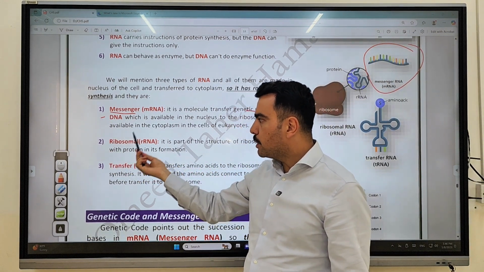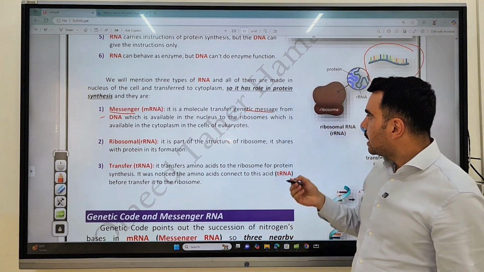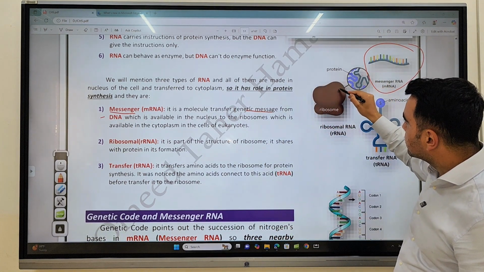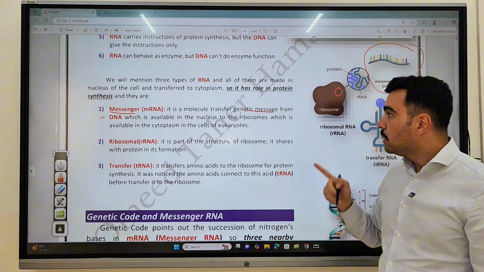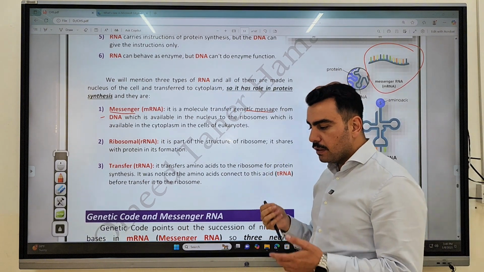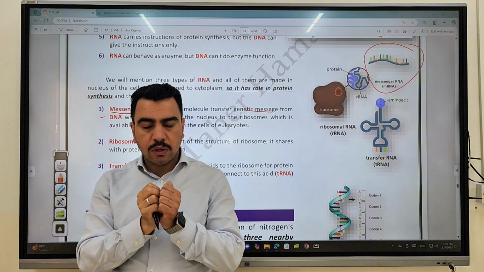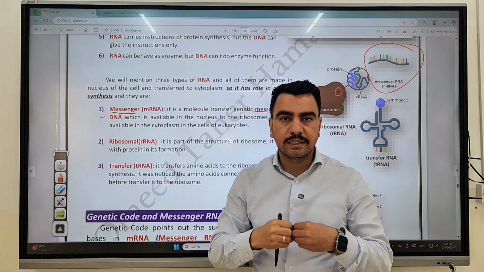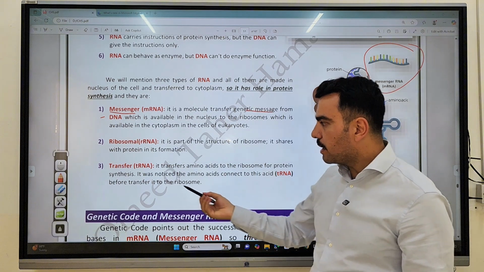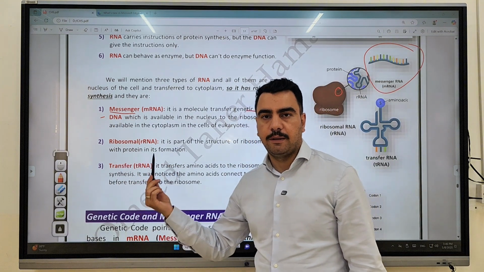The second type of RNA we call ribosomal RNA. Ribosomal RNA is here. It's very simple and very small, located on the ribosome. What does it do? It helps our ribosome, and together they make proteins. So it has a great job in protein synthesis. The last type of RNA we call transfer RNA.